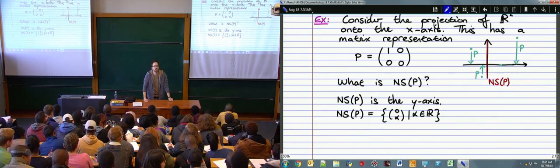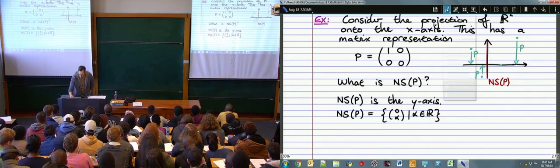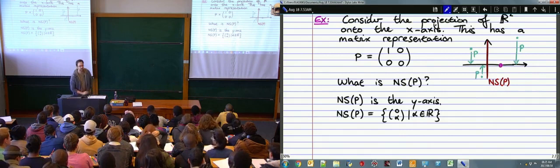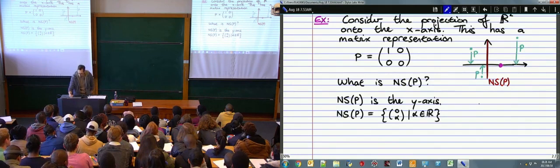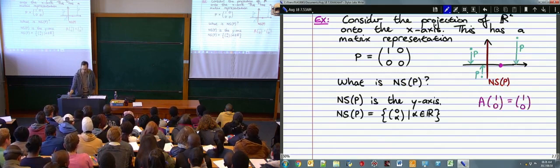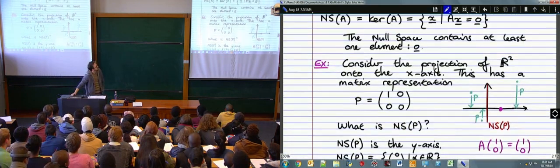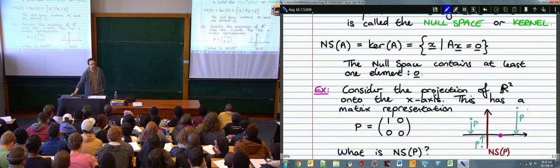Yes? Why is it the y-axis, not the x-axis? Well, let's say we take a point somewhere on the x-axis over here. That point over there. And we project that point onto the x-axis. It stays exactly where it is, right? So that says, for example, that A acting on the point 1, 0 is the point 1, 0, right? But the null space is defined as all the vectors that when A acts on them, it gives you 0, right?